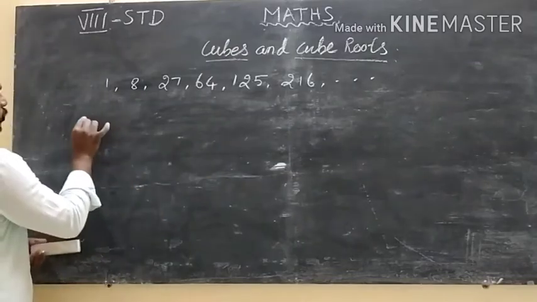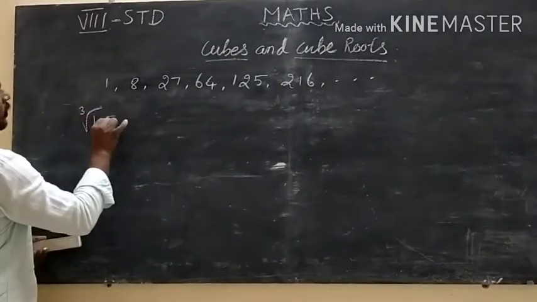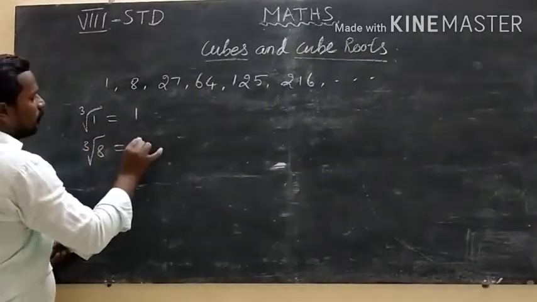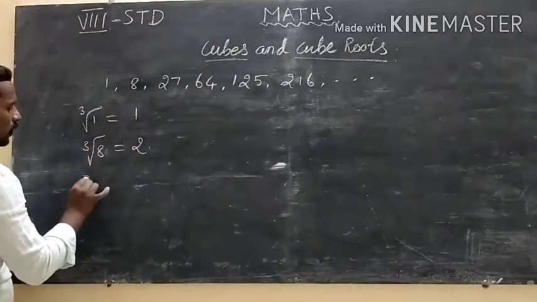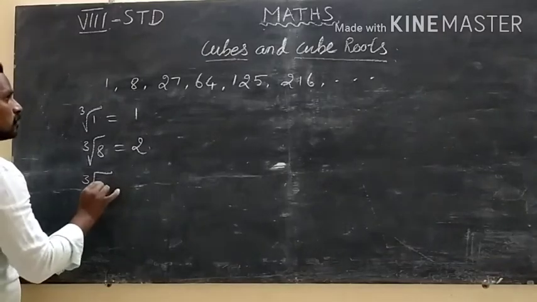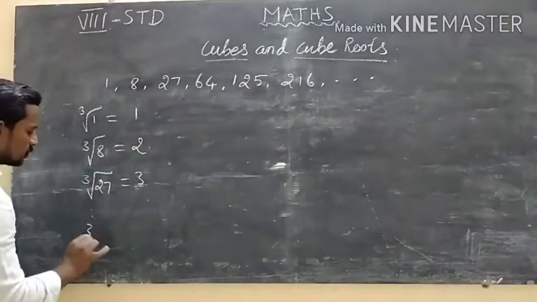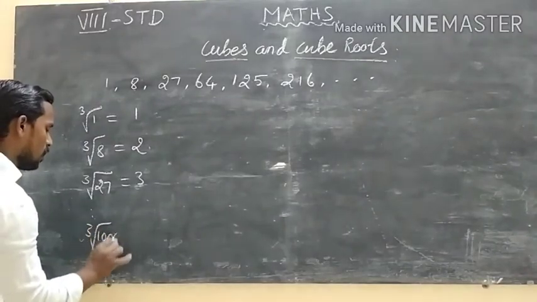That means cube root of 1 equals 1, cube root of 8 equals 2, cube root of 27 equals 3, and so on.